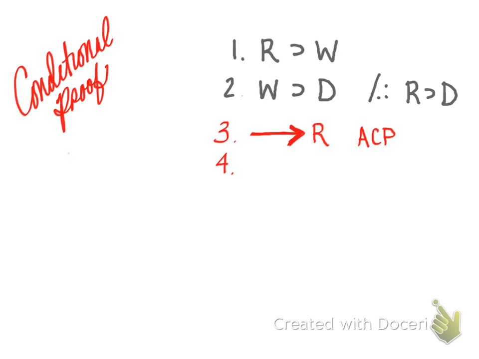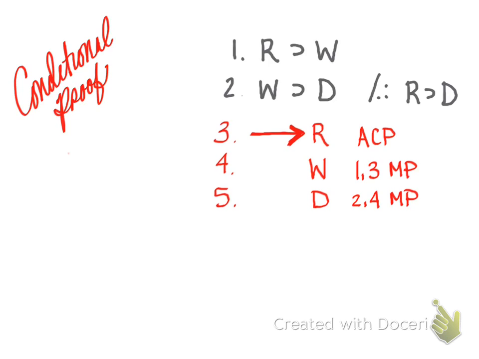So I can use modus ponens to get the consequent on its own line, and I'll cite lines 1 and 3 modus ponens. Now I have the antecedent of the conditional on line 2 on its own line. So I can get D using lines 2 and 4 modus ponens.